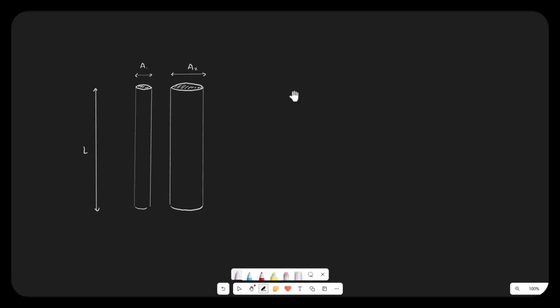If I gave you these two straws, straw 1 and straw 2, and said which one are you going to use to drink your milkshake, everyone's going to choose straw 2, assuming you like milkshakes. And that's because the area of the straw determines how easy or difficult it is to get that milkshake. In this case, the bigger area makes it easier to get milkshake, which means this has a lower resistance. This one has a higher resistance.